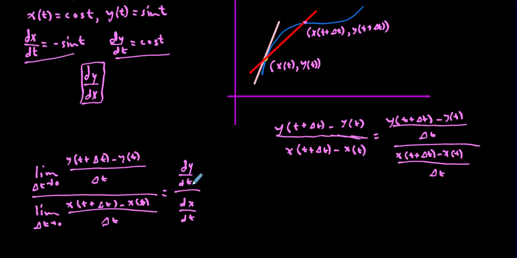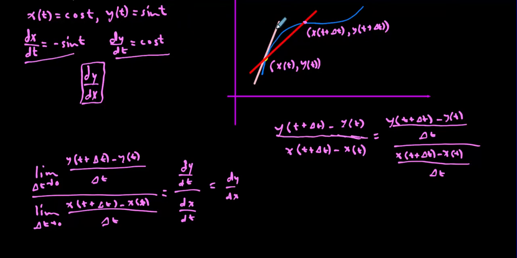So it's the derivative of y with respect to t over the derivative of x with respect to t. And this right here is dy dx. In other words, it's the slope of this line right here.